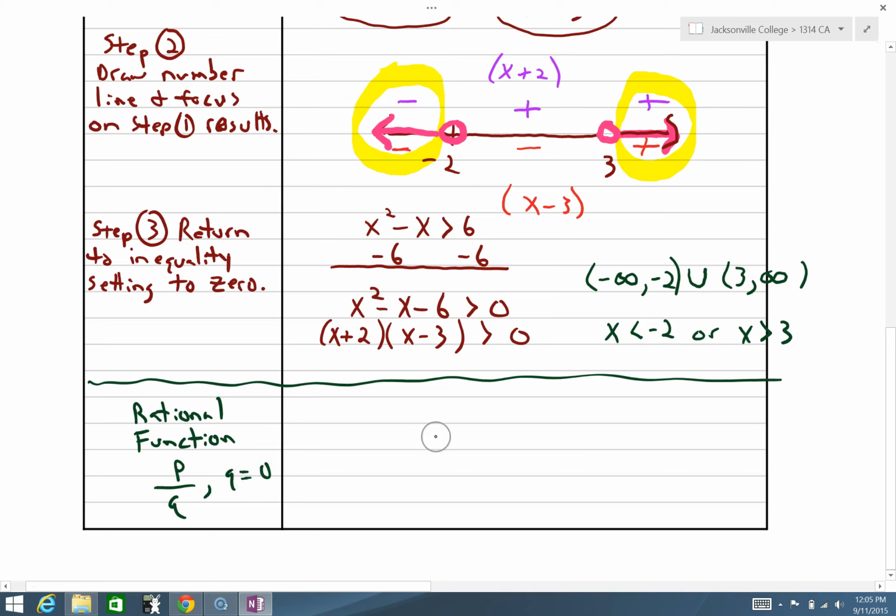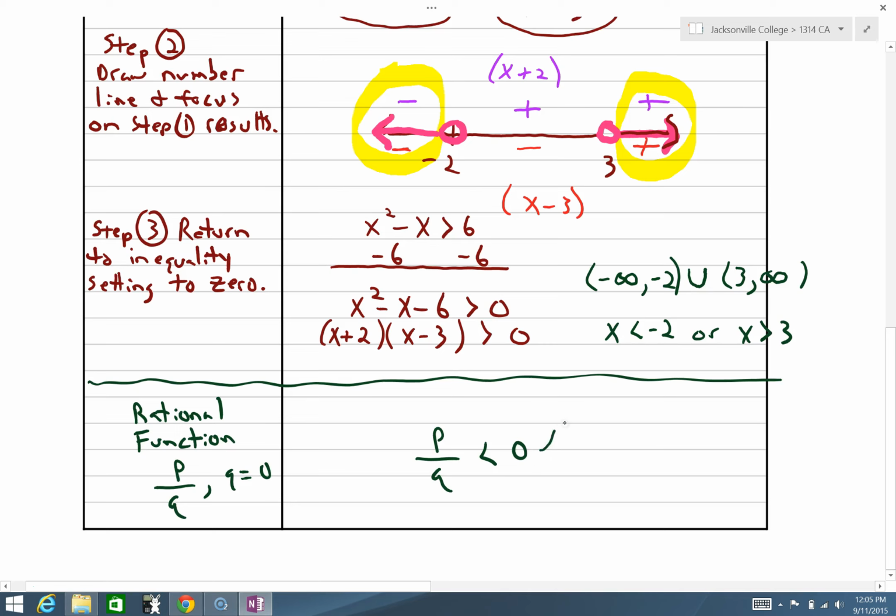So if I have p over q is less than 0, all I want to make sure is that one of these is positive and one is negative, or vice versa. So it's going to happen in a similar type situation.